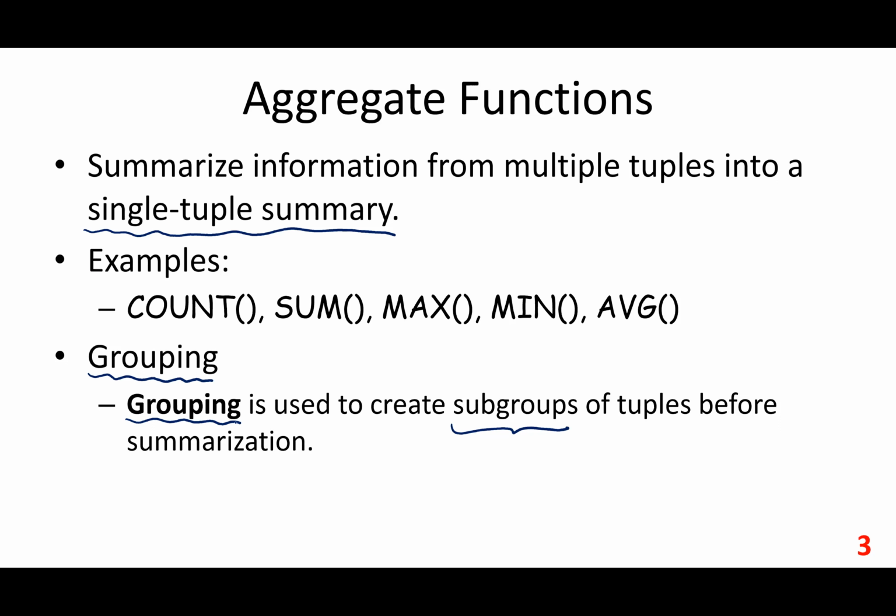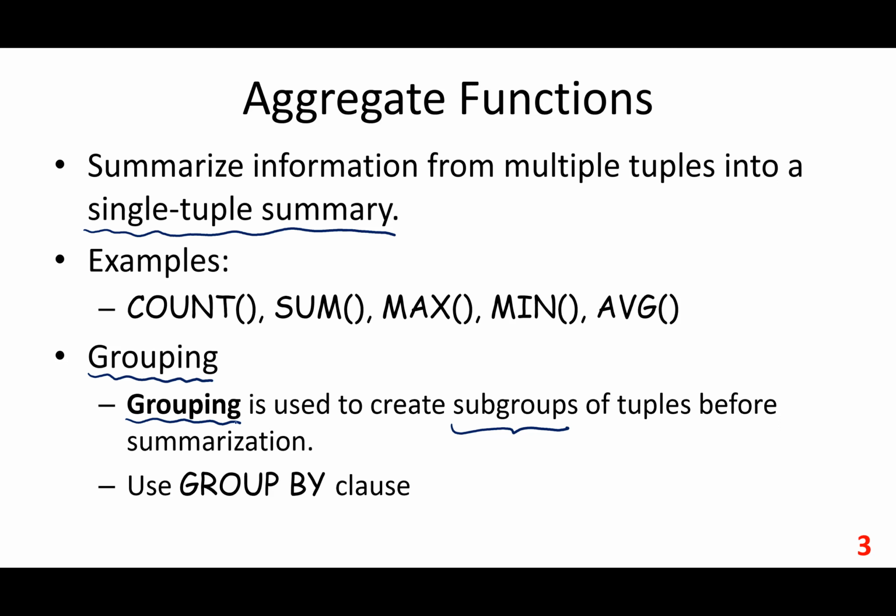If you do not define subgroups, that means the aggregate functions will be applied on the whole group. We treat the whole list of tuples as one group if you do not use the grouping keyword to define subgroups.